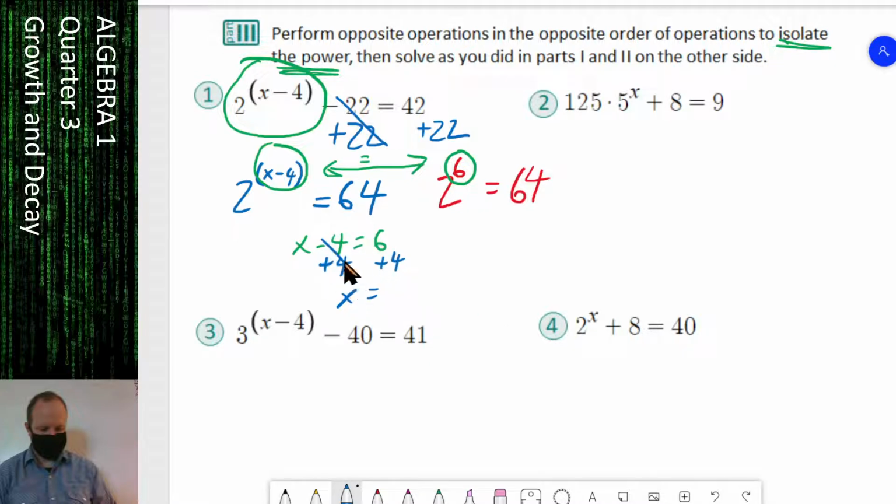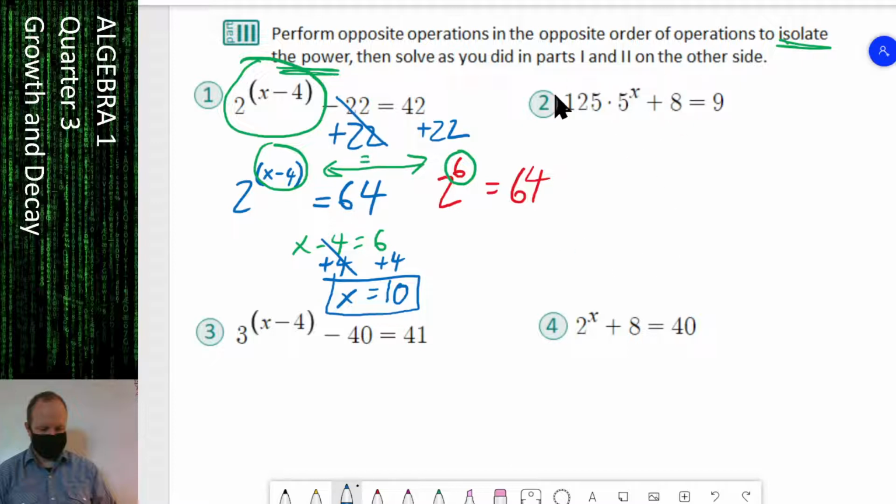How we cancel, and then 6 plus 4 gave us 10. So if we were to plug in 10, we should be able to get a true statement. 10 minus 4 is 6. 6 to the 2nd power is 64. 64 take away 22 should give you 42.